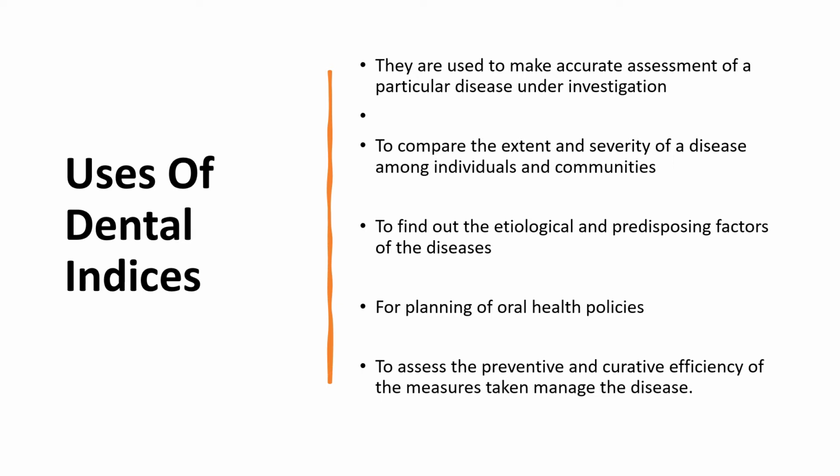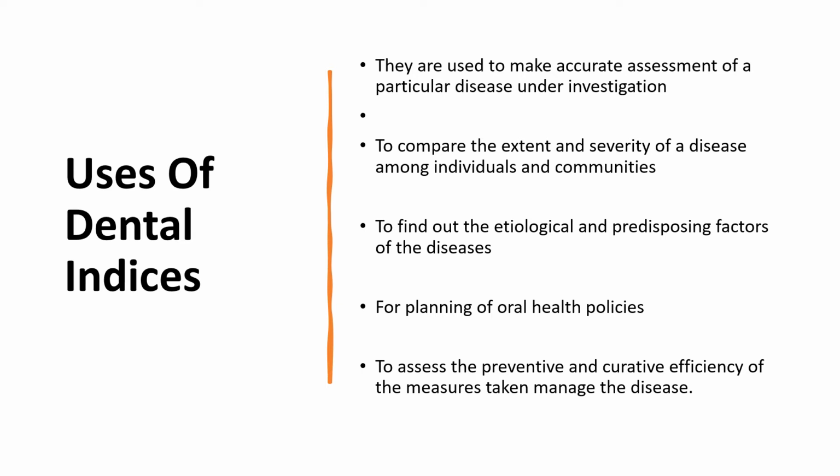Okay, so indices are used to compare the extent and the severity of a disease among individuals and communities. This is exactly what I've said. You look at the extent of the disease, the severity: mild, moderate, severe. In one community, is there on average mild periodontal disease or mild gingival bleeding or whatever you are measuring?